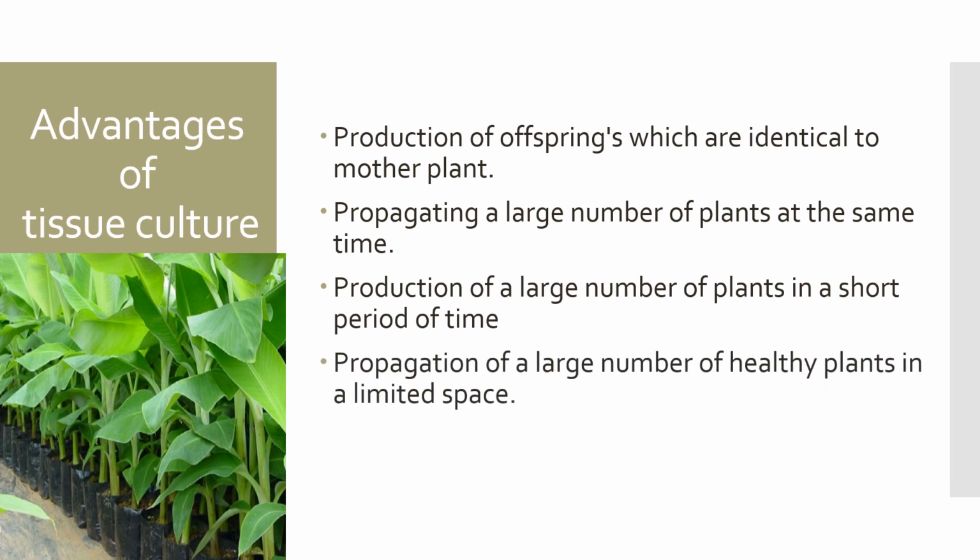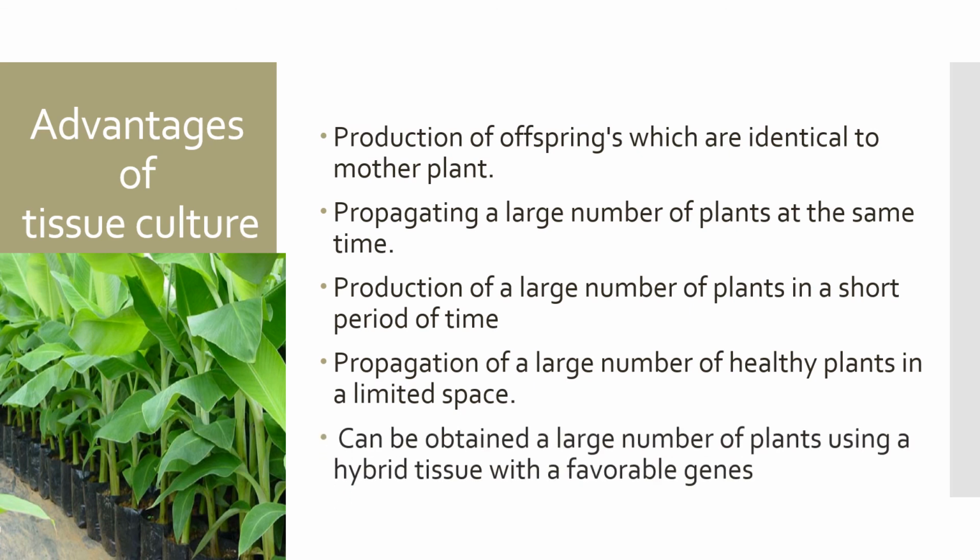And also, we can obtain a large number of healthy plants using limited space. The space needed for doing tissue culture is less. As we are doing it in sterile conditions, we can obtain healthy plants in a limited space. And also, we can obtain a large number of plants using a hybrid tissue with a favorable gene.